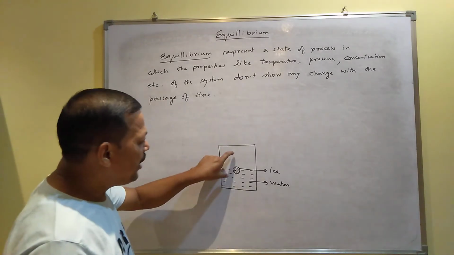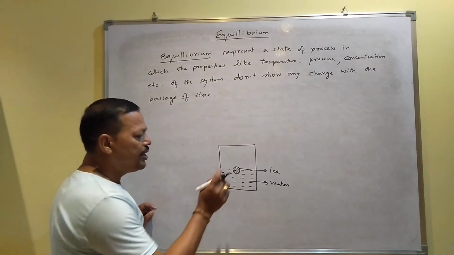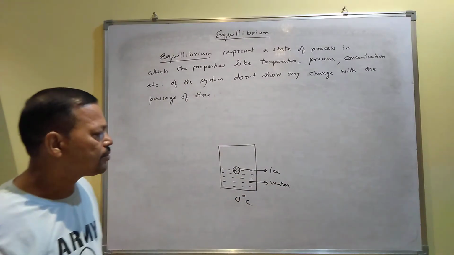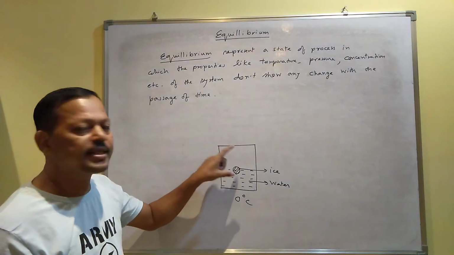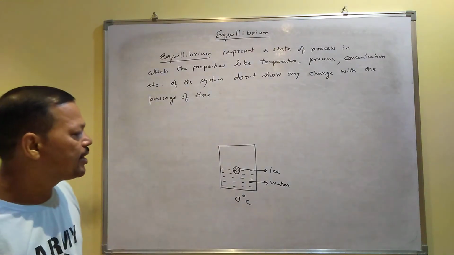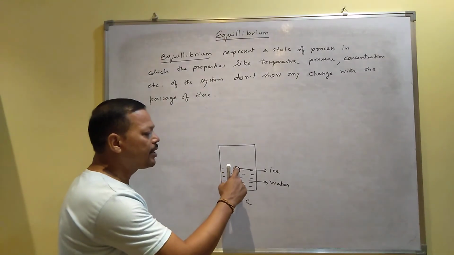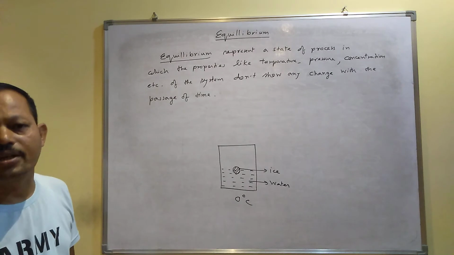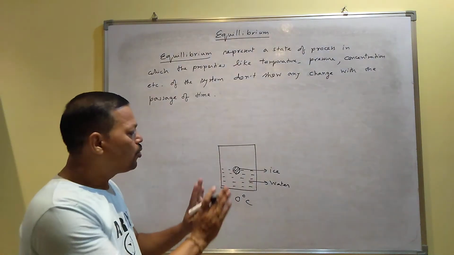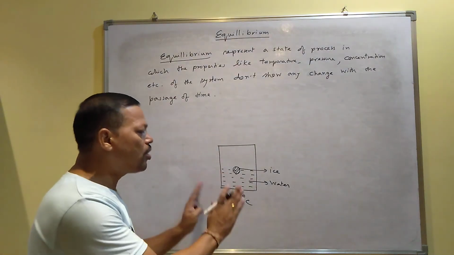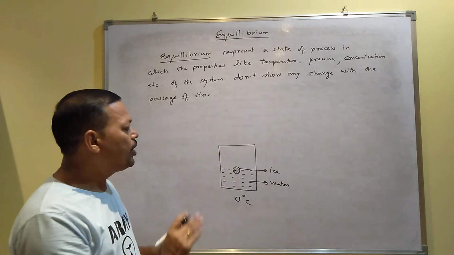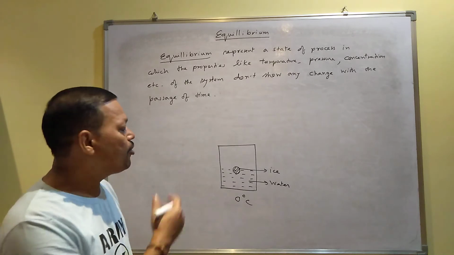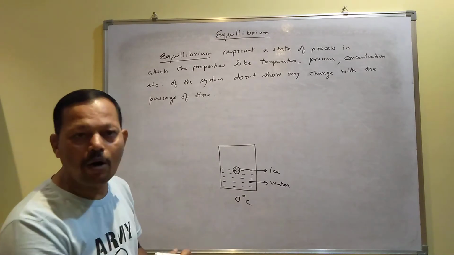But if the system is at 0 degrees Celsius, then the amount of water will remain the same inside the container. I mean, ice will remain the same, water will remain the same. There will be no change of concentration, no change of their amount.